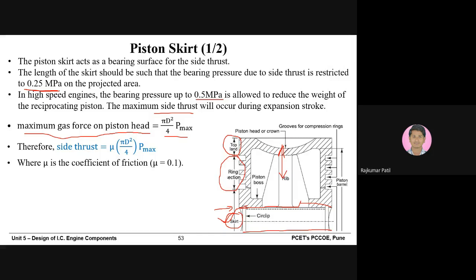As the piston reciprocates inside the cylinder, there is continuous rubbing between the piston surface and the cylinder wall, and that causes the side thrust.